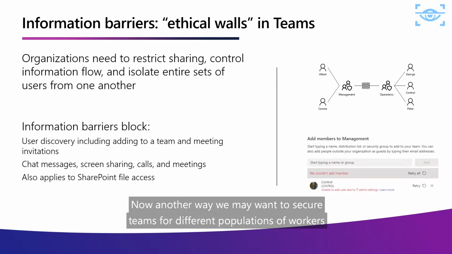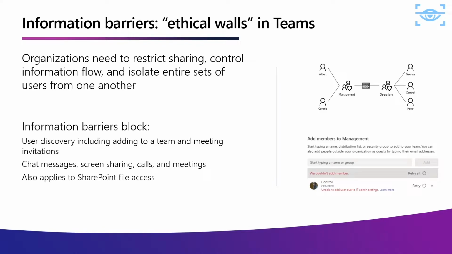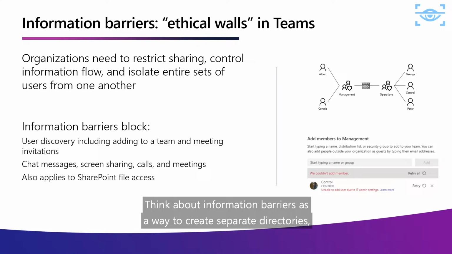Now, another way we may want to secure Teams for different populations of workers is to use information barriers. Think about information barriers as a way to create separate directories, almost like separate subcompanies within your Azure Active Directory. Information barriers will block people from finding each other from one department to another to chat or to call or share their screen.